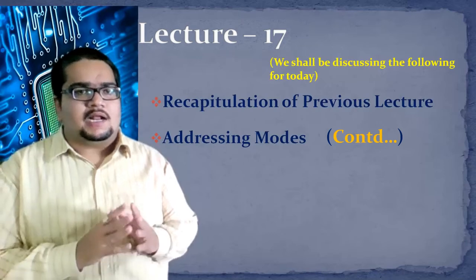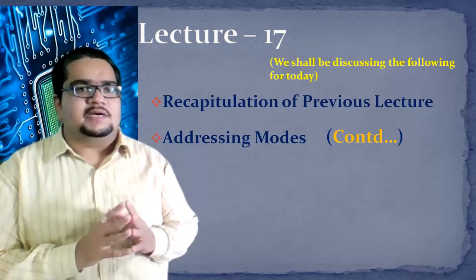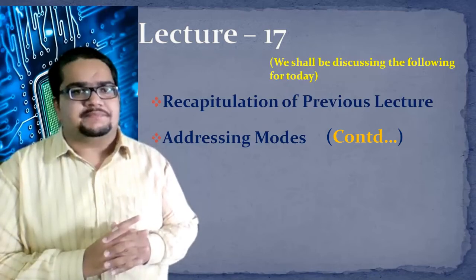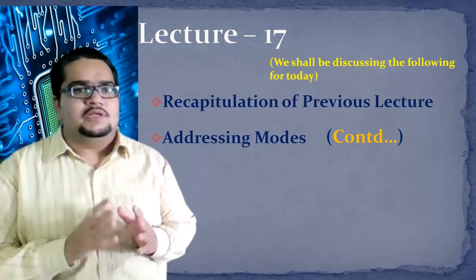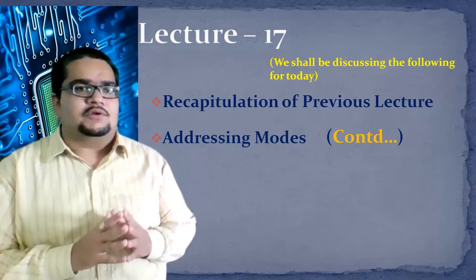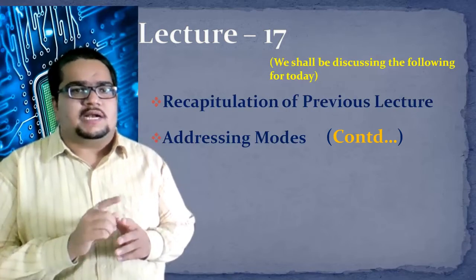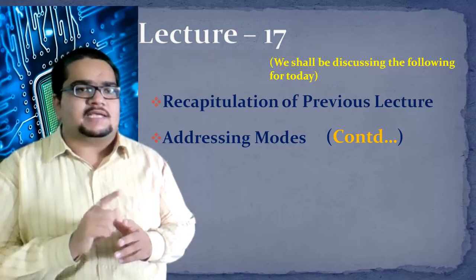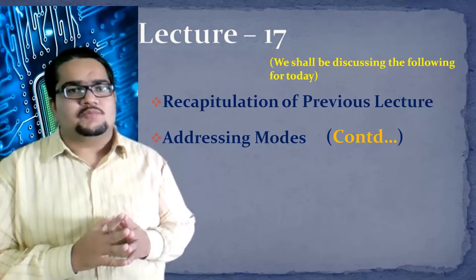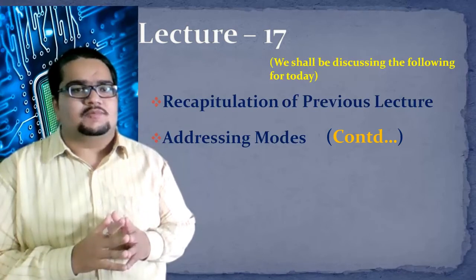Earlier, I told you about the immediate addressing mode, where the data itself is available in the instruction. In the direct addressing mode, the location of the data is given in the particular instruction, such that the data can be directly accessed from that location. One more addressing mode is there. It is indirect addressing mode.